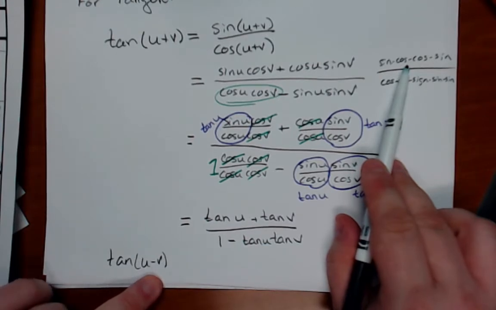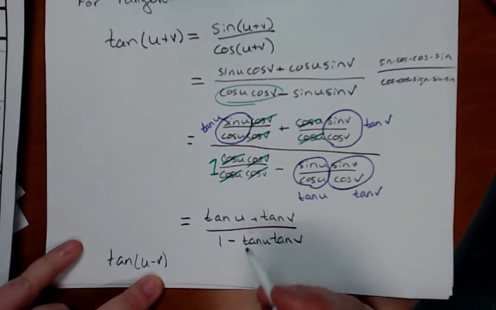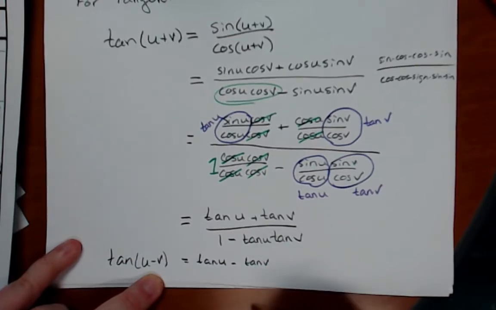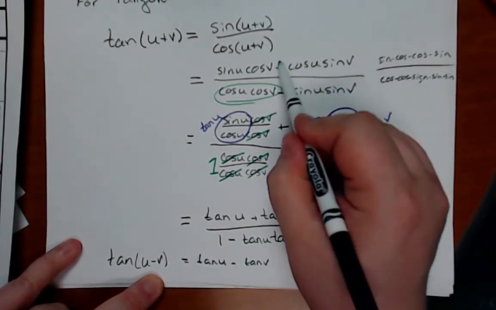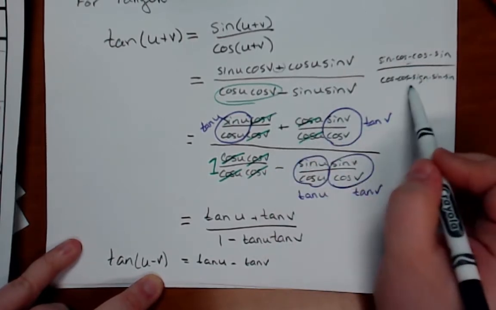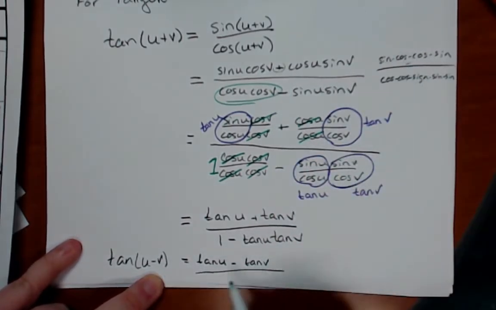So if I have u minus v, then we're going to have a minus in the numerator. So tan u minus tan v. So this sign doesn't change, but this one does. So this minus becomes a plus, and we have 1 plus tan u tan v.